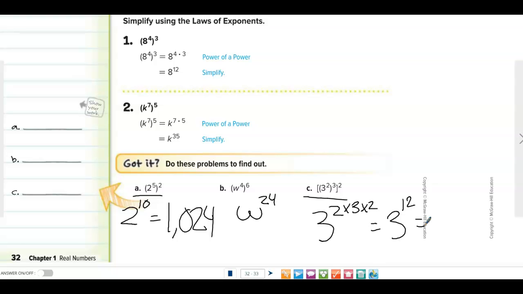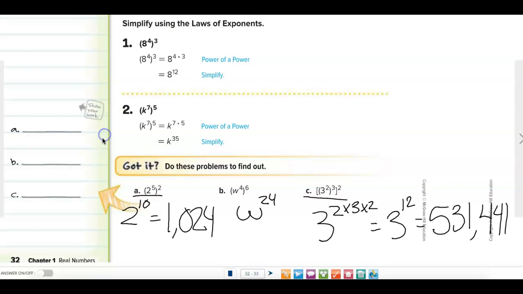Oh boy. It's a big one. 5, 3, 1, 4, 4, 1. 531,441. Good. Thumbs up if you got that. Good. Okay. Let's move on to power of a product.